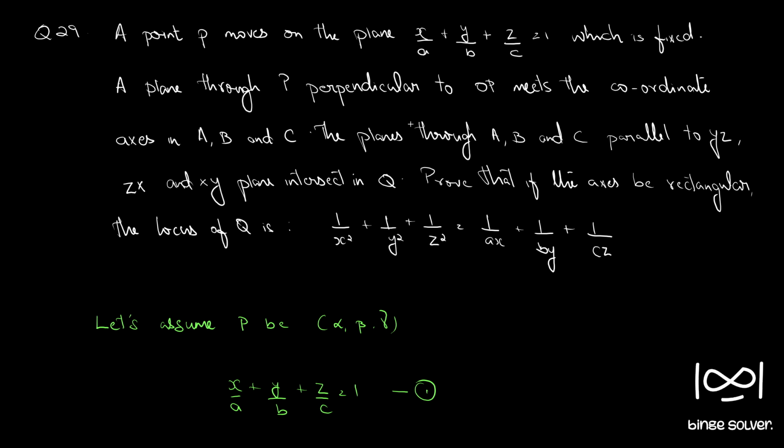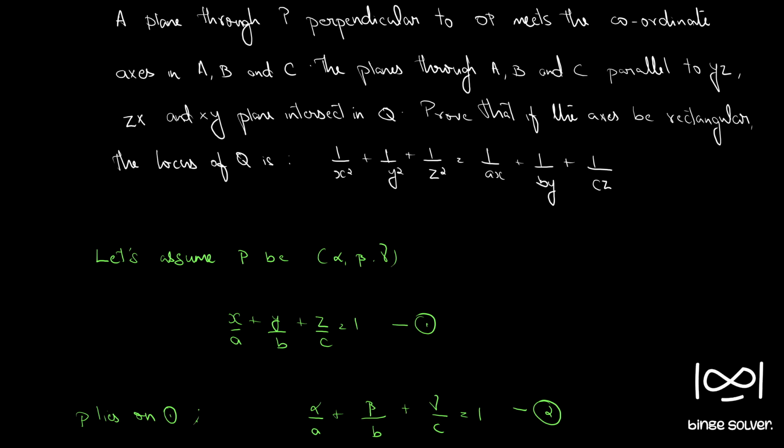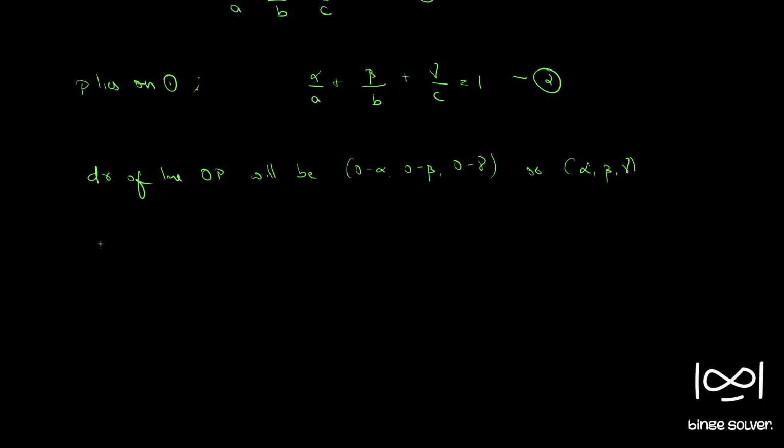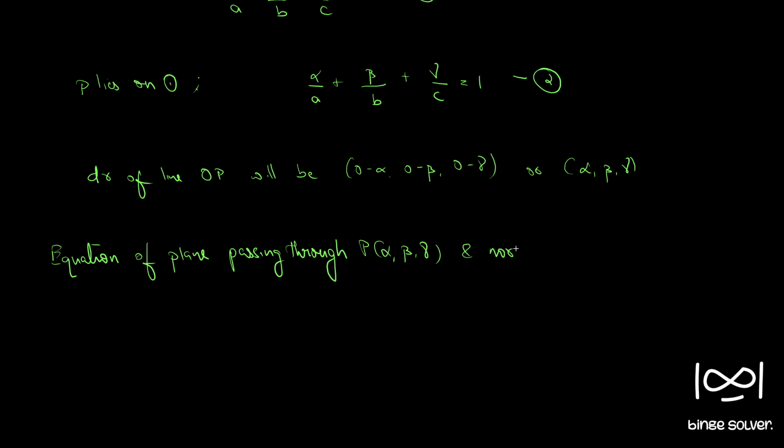So if we have a point P and a normal, we can write the equation of a plane passing through P alpha, beta, gamma, and a normal.